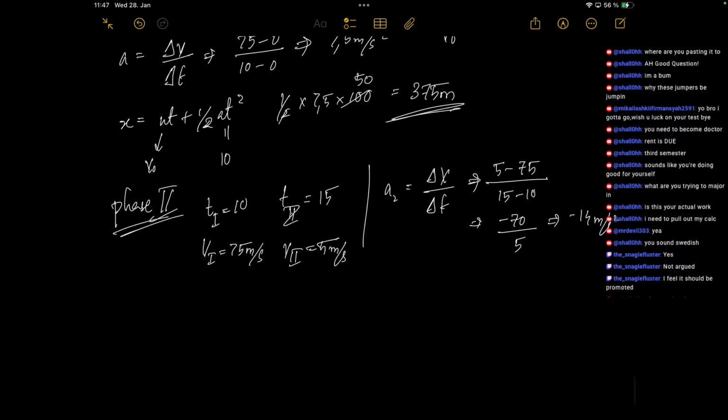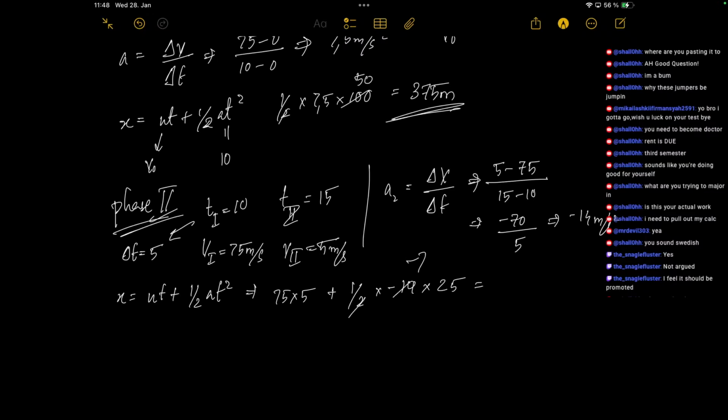Now this is the part where I experiment myself. Ut plus half at squared. We have an initial velocity. Delta t equals 5. So 75 into 5 plus half into minus 14 into 25. 7 2s are 140. 140 plus 35, 175.